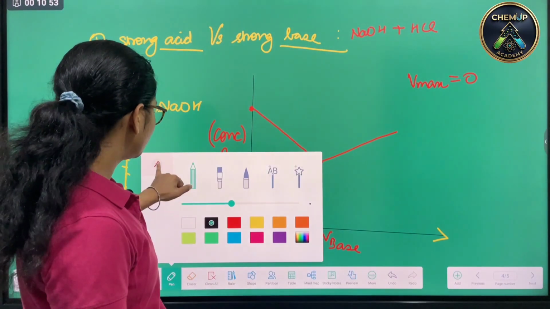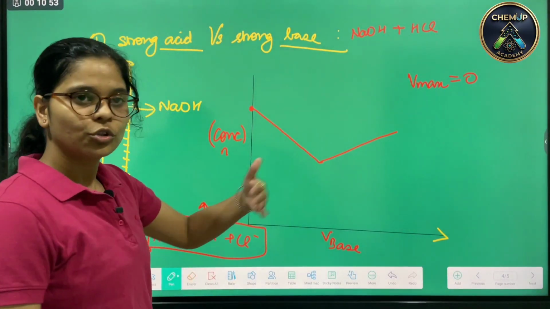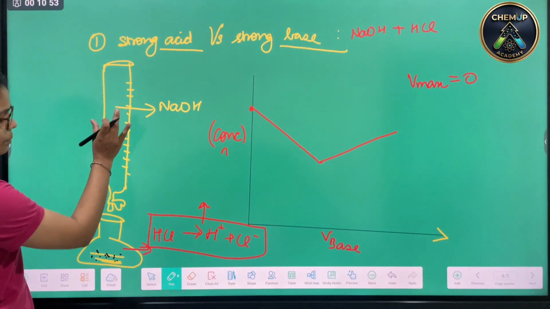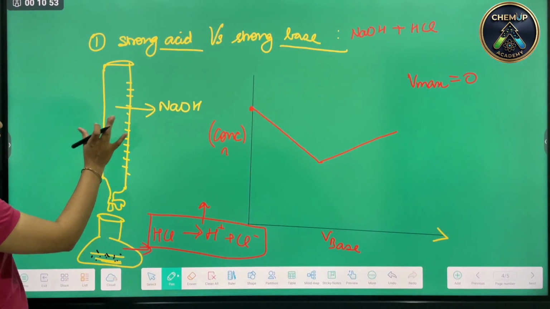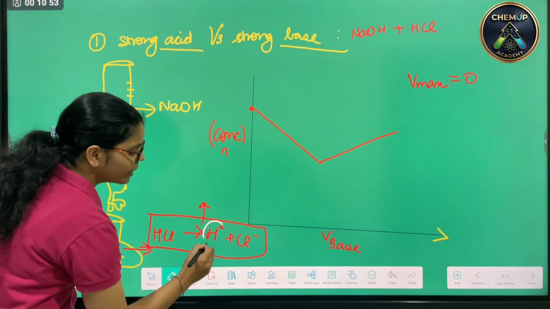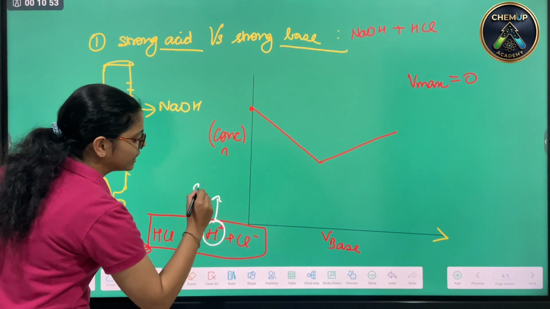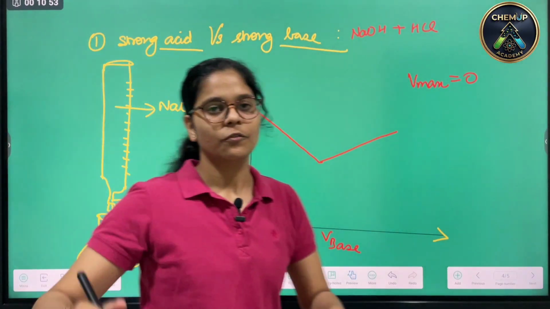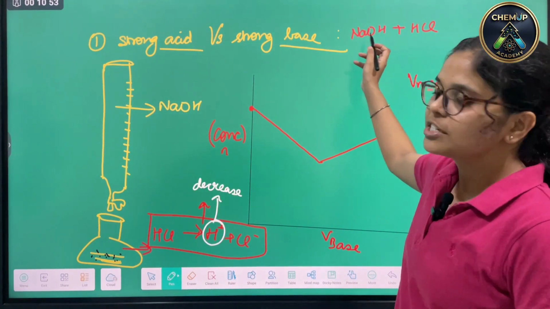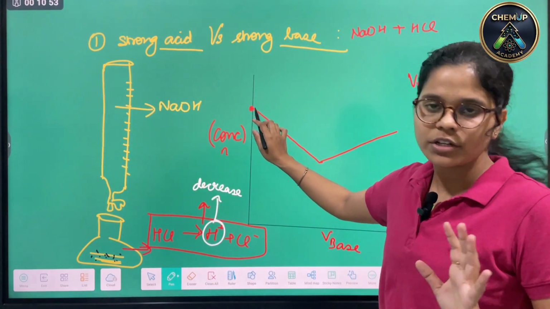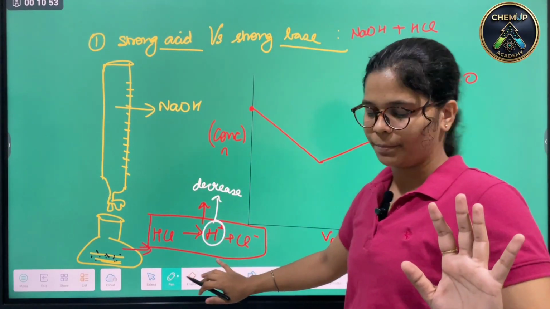On marking the point over here, I'll move to the next step. That means I would be adding NaOH from the burette into this flask. On adding NaOH in the HCl, the number of H positive ions goes on decreasing because of the neutralization with NaOH. H ions were there, Vmax was 0 when NaOH was not present.